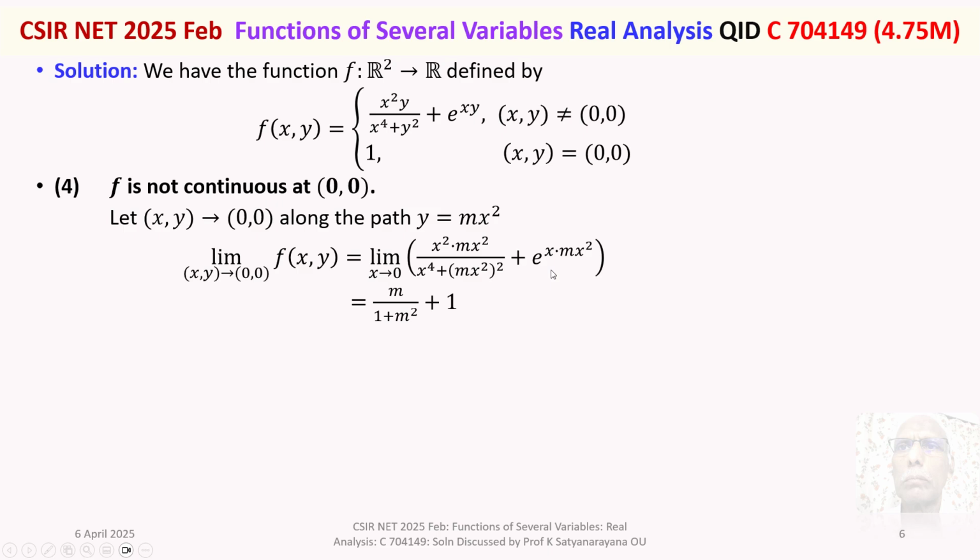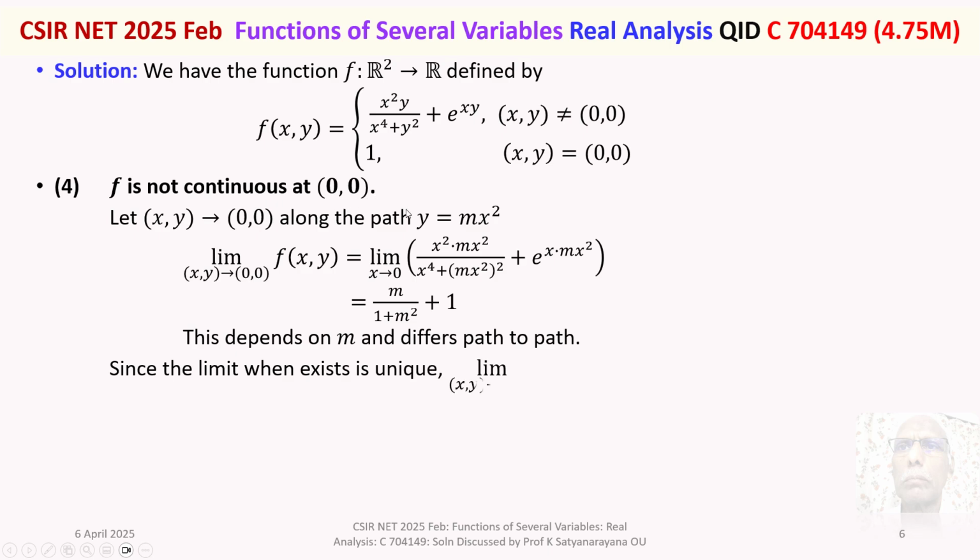This depends on m and differs from path to path. Limit when it exists must be unique. Therefore, f is not continuous at 0 comma 0. The limit when it exists is unique, but it is not here.